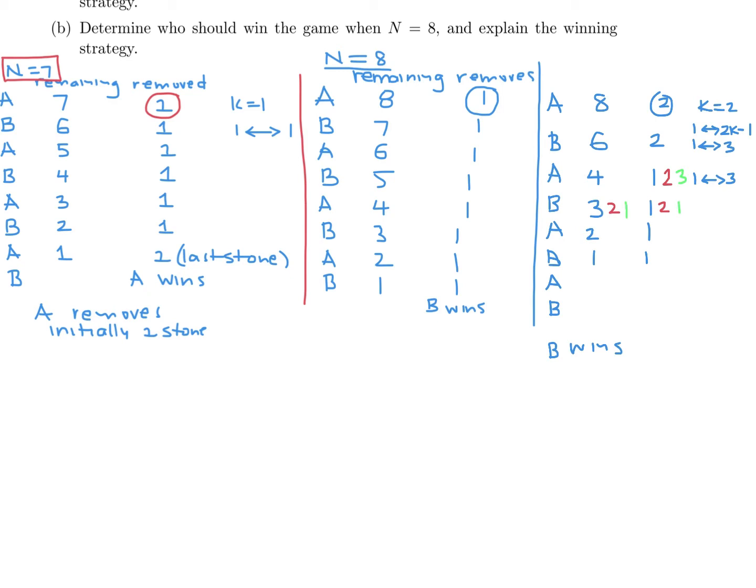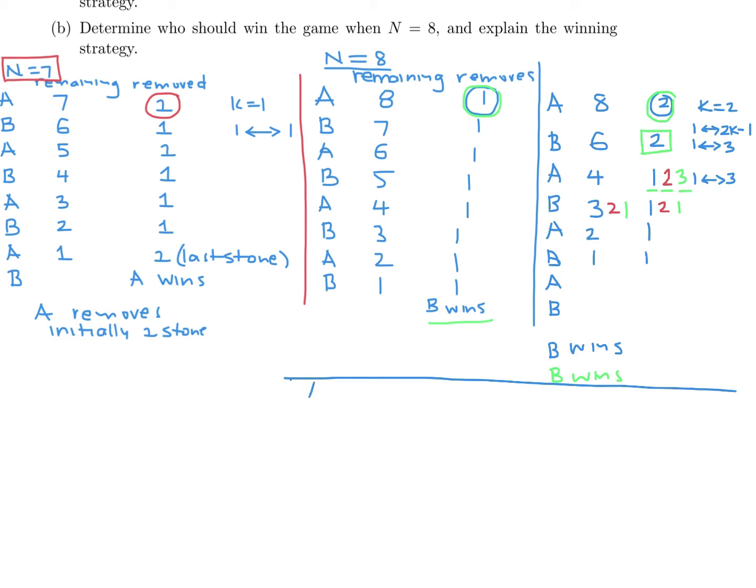So in all 3 scenarios, whether Alphonse chose 1, 2, or 3, Beryl can win. So the key is, if Alphonse chose 1, Beryl wins just by default. If Alphonse chooses 2, then Beryl has to choose 2, and then no matter what happens after, Beryl wins again. Okay, so hopefully that's clear.